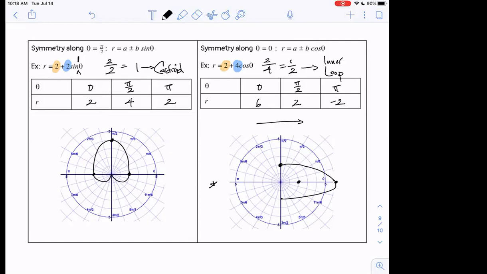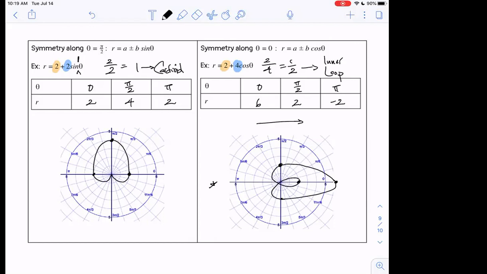That's what that third point gets me. I'm going to come through here and create that inner loop, so like here, and then I'll come back through the origin. And so I've got my limaçon with an inner loop. It's got symmetry along theta equals 0 because it is a cosine one.